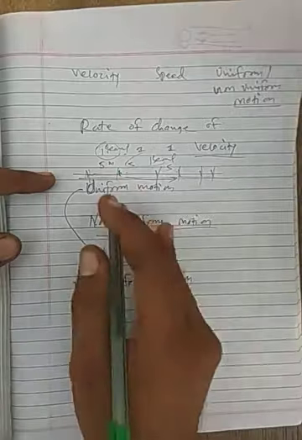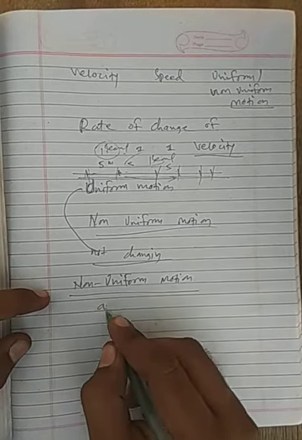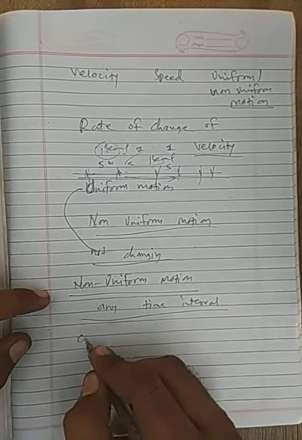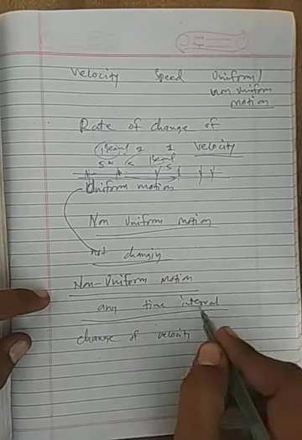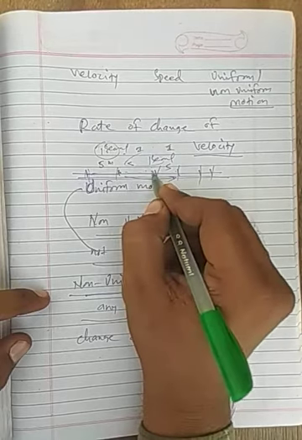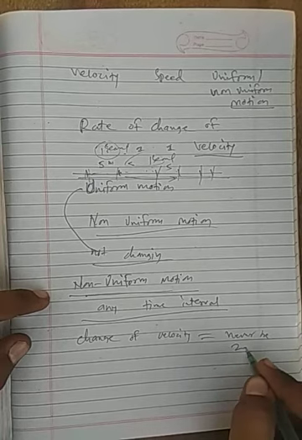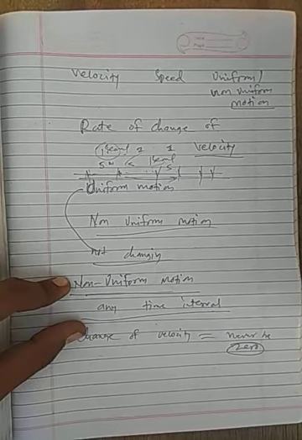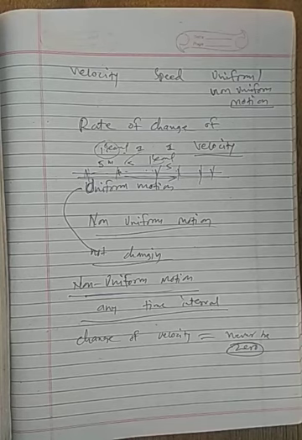So if you see the change of velocity at any time interval in a non-uniform motion, it will be changing, so it will never be zero.